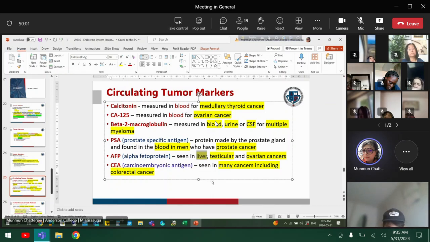If it is a male, they can order PSA and AFP. So if the PSA is negative, that means the liver has been damaged. Same for a female: if CA125 is negative, that is the liver problem. If both are positive, it means the cancer has spread in both places.